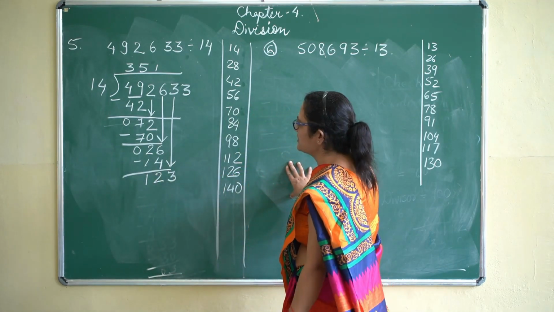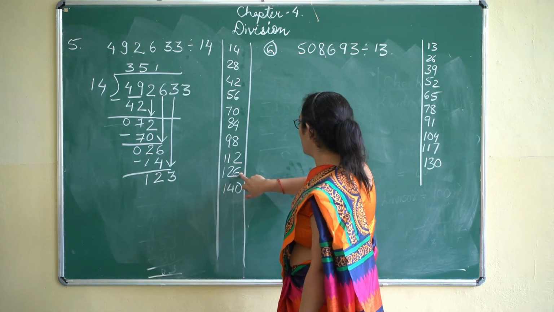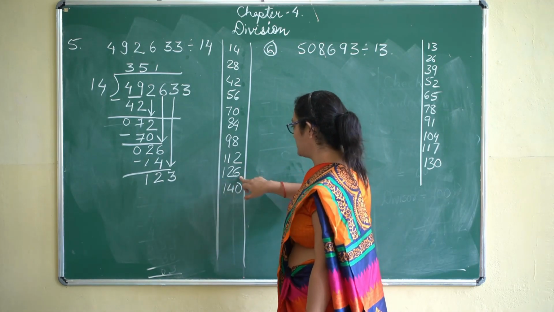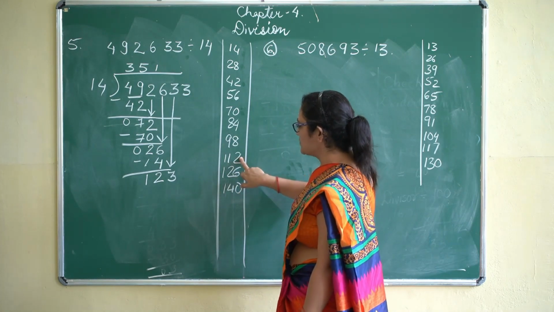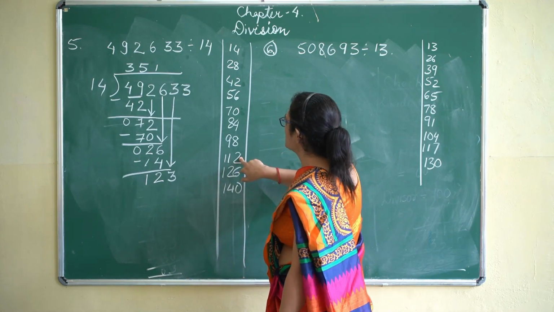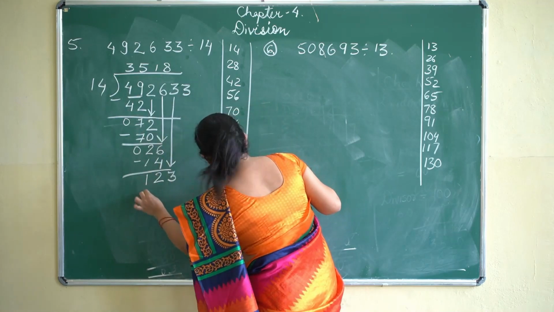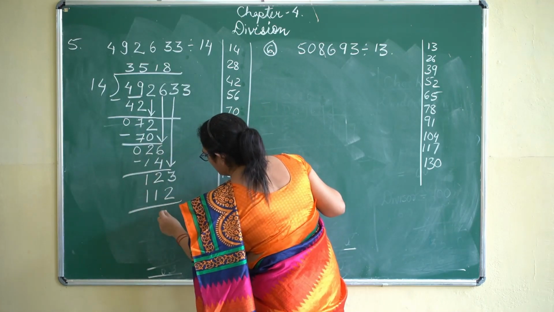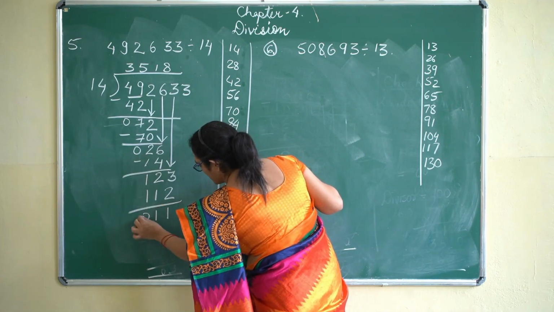Now again we see, does 123 come in the table of 14? No. 126 is greater than 123. We can't write this, but we have to write the smaller number. So the smaller number is 112. How many times? 8 times. 112. 3 minus 2 is 1, 2 minus 1 is 1, 1 minus 1 is 0.